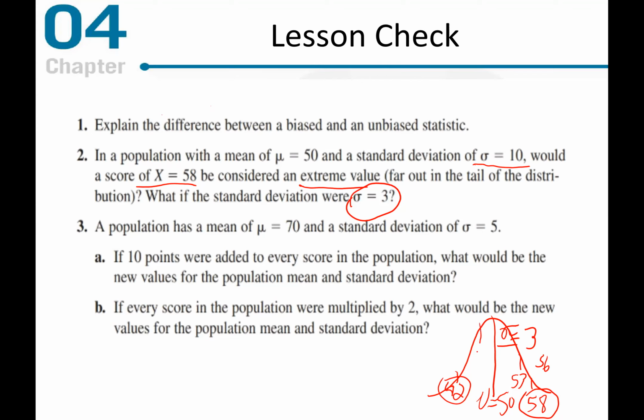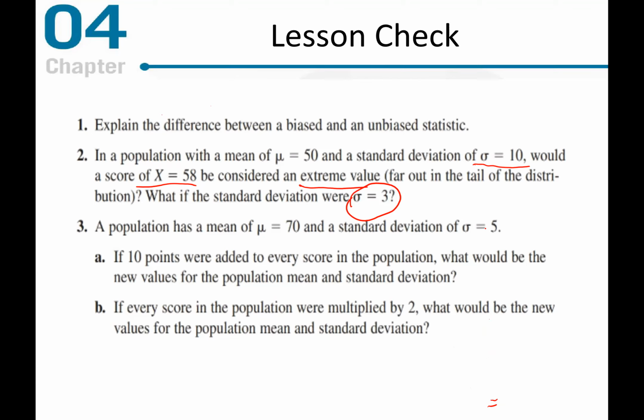The first standard deviation is 50 minus 3, which would be 47. And then 2 standard deviations below the mean would be 44. But if our score is 42, 42 is 2 or more standard deviations below the mean, which would indicate to us that that is an extreme score.